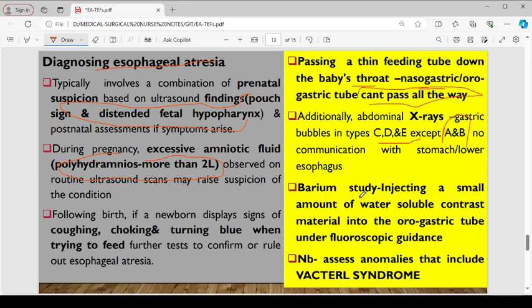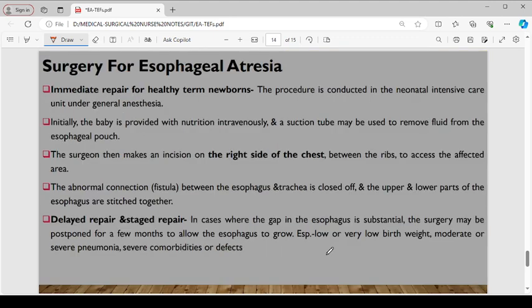However, we could do a barium study, which is more definitive in confirming the diagnosis, where we inject a small amount of water-soluble contrast material into the orogastric tube under fluoroscopic guidance, and we are able to see. You should also remember that we have to assess patients who are presenting with VACTERL syndrome, because there is a likelihood that they could also be suffering from esophageal atresia.